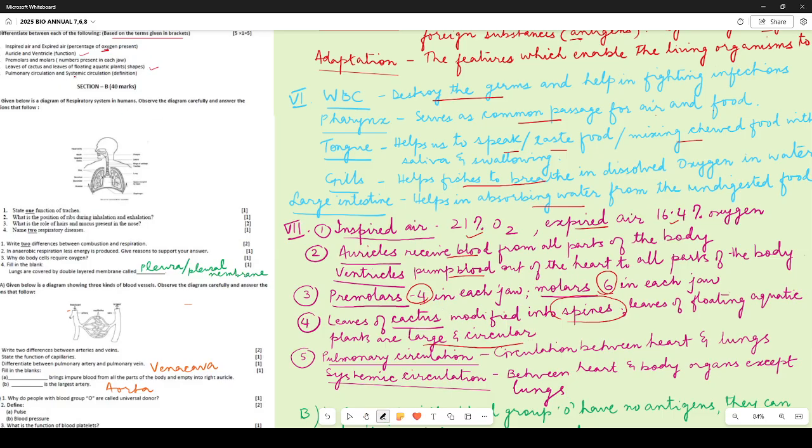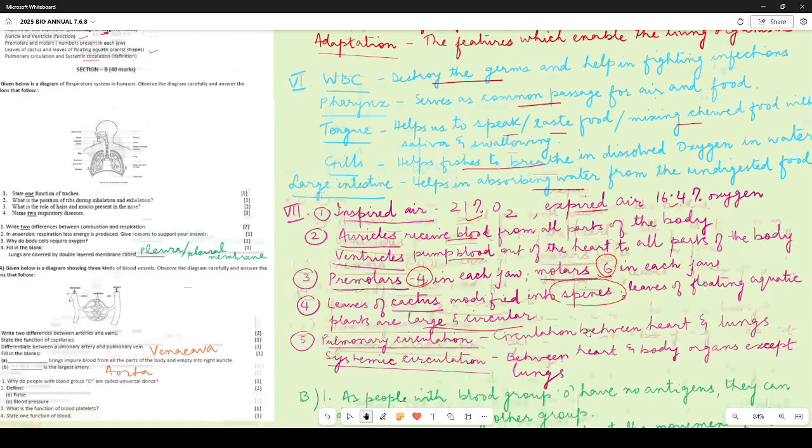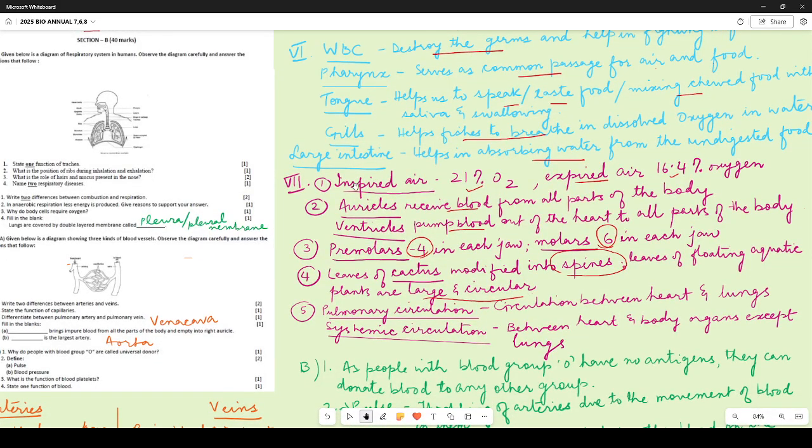Pulmonary circulation and systemic circulation. So definition is there. What is pulmonary circulation and what is systemic circulation? Pulmonary circulation. See, remember, wherever the term pulmonary comes, let me use a different colored pen. Wherever the term pulmonary comes, remember that it has to do with lungs, right?